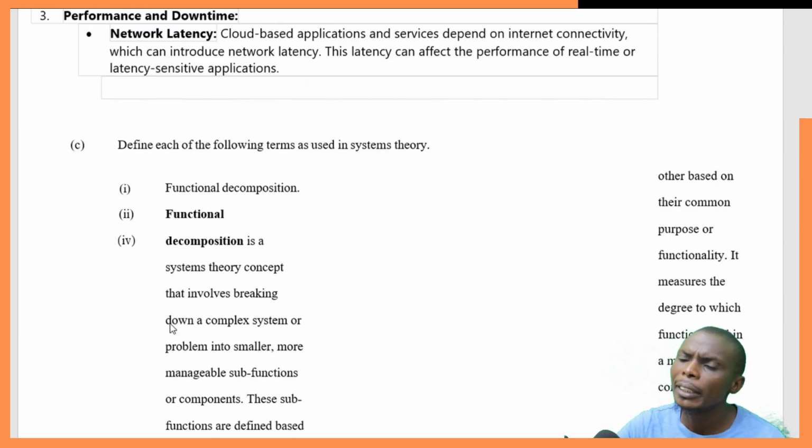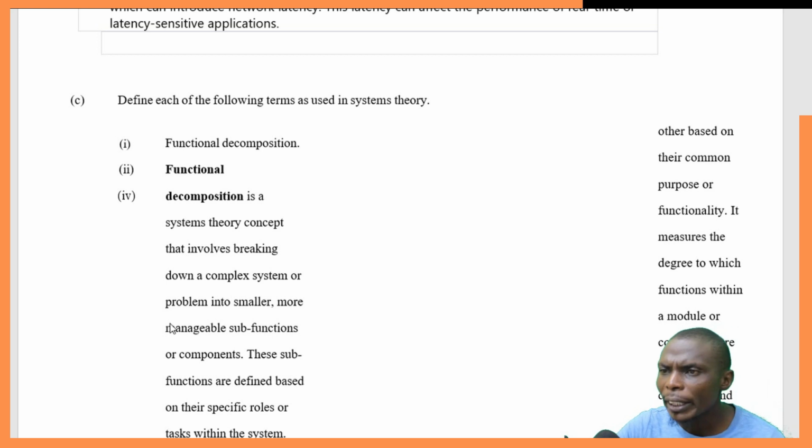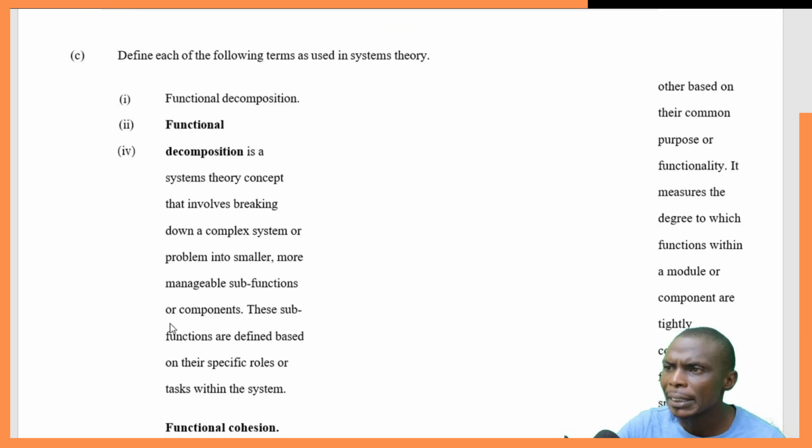The C part was saying, define each of the following terms as used in system theory. The first one is functional decomposition. Functional decomposition is majorly a concept that involves breaking down, you decompose, you break down a complex problem into smaller or more manageable sub-functions or components.